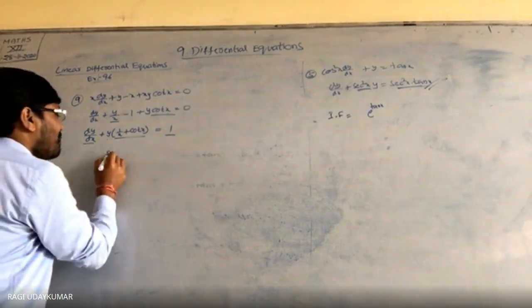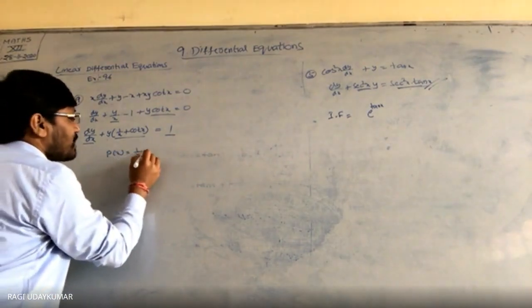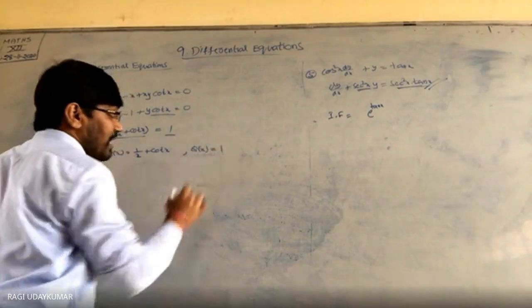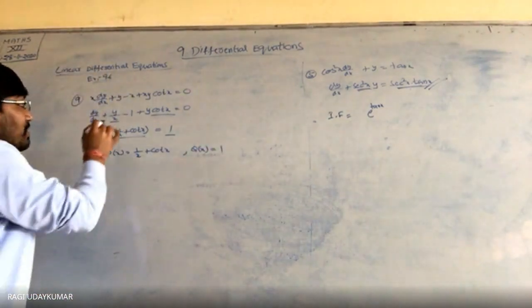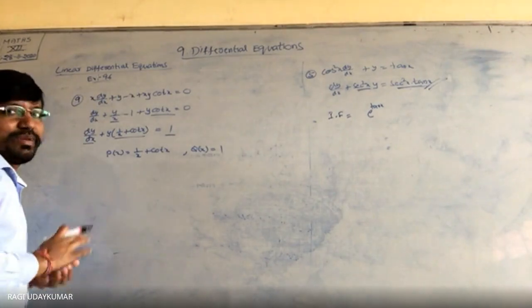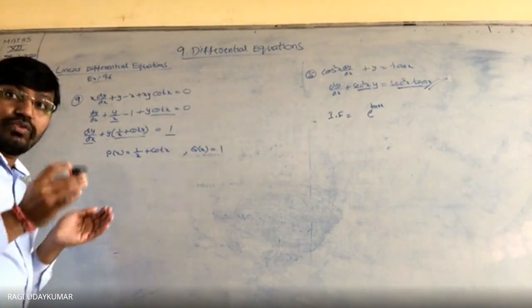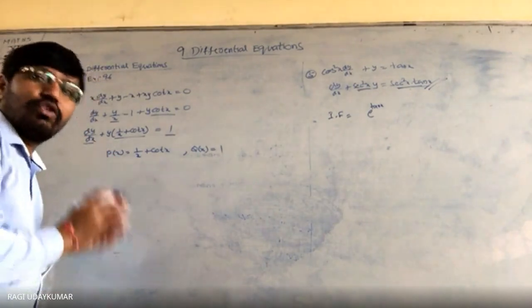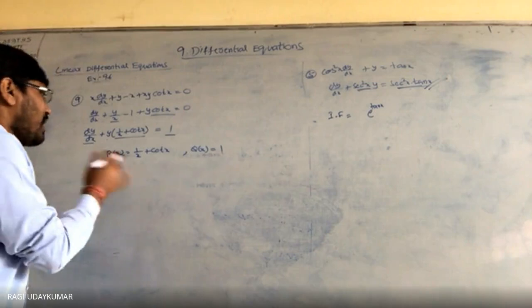So p of x is equals to 1 by x plus cot x and q of x is equal to a constant. ज्यादा से ज्यादा लोग यही गलत करते हैं और उसके बाद क्या करना है समझ में नहीं आता. So wherever you find y terms, make them together, so that then after you can proceed.